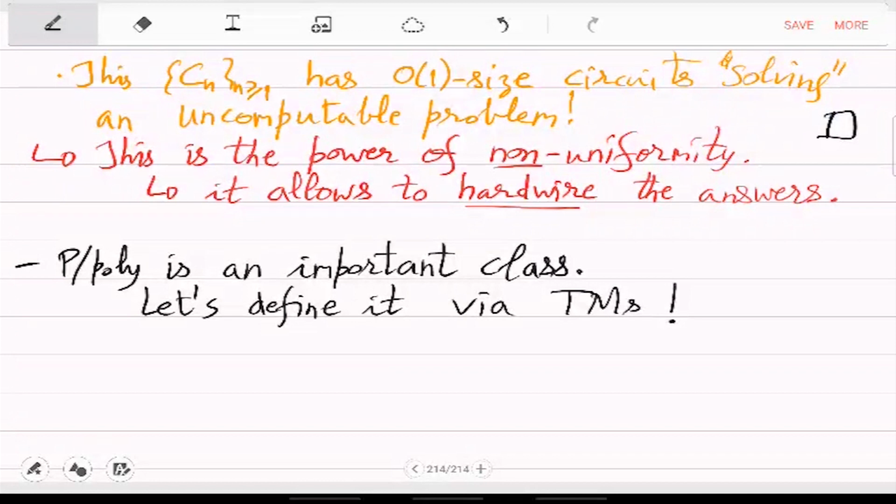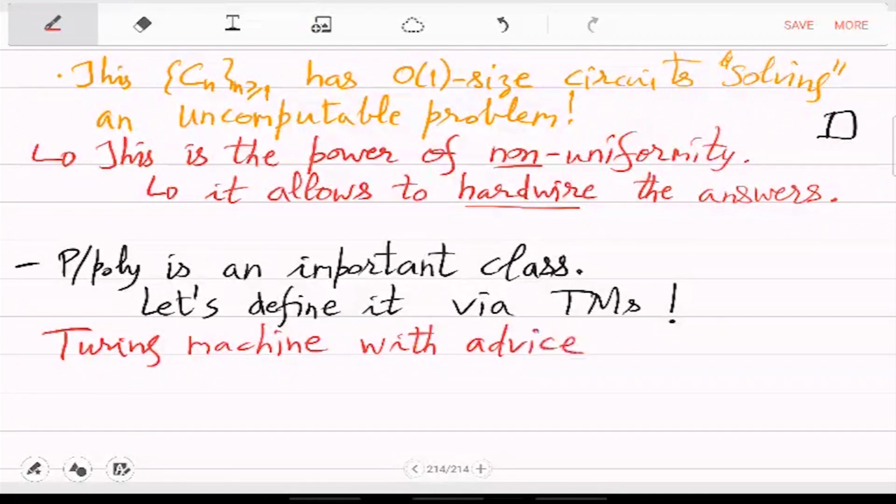Instead of using Boolean circuits, we can also use a Turing machine, and then it will be called a Turing machine with advice.